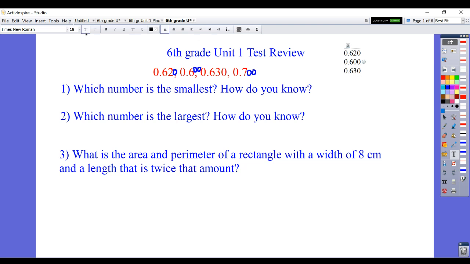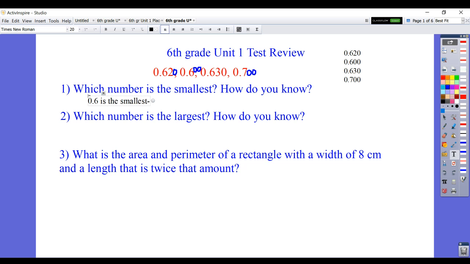That one didn't need an extra 0 added to it. And we would have 700 thousandths. All right. I think that makes it easier to say which number is the smallest and also how you know. So as you look at these options, you can see that 600 thousandths is the smallest. All right. So we would say 0.6 is the smallest.